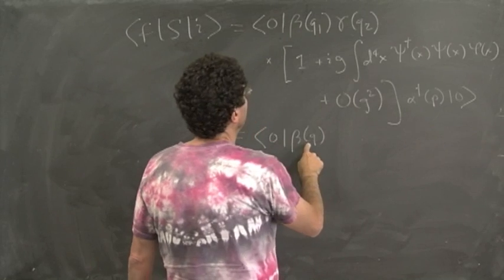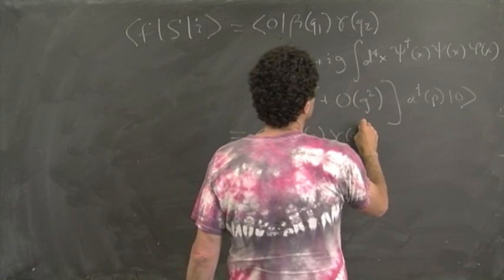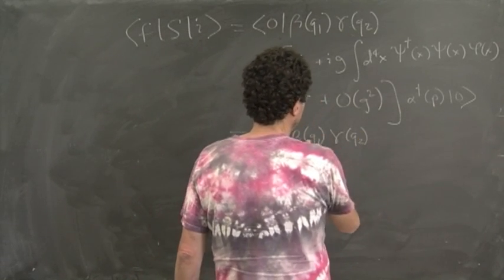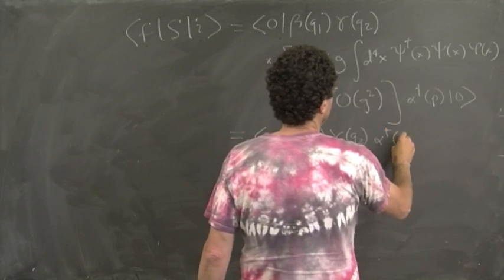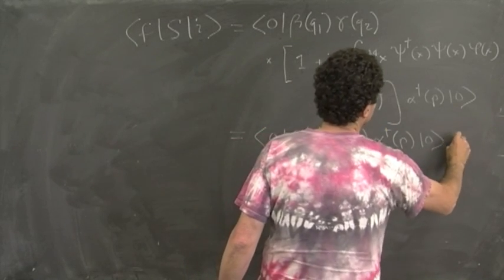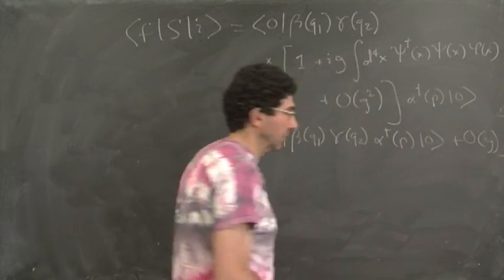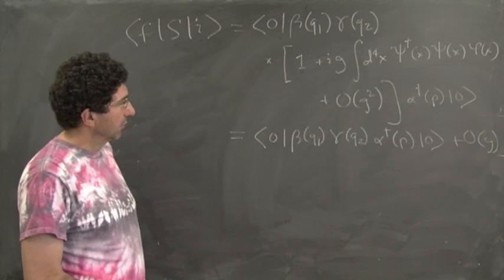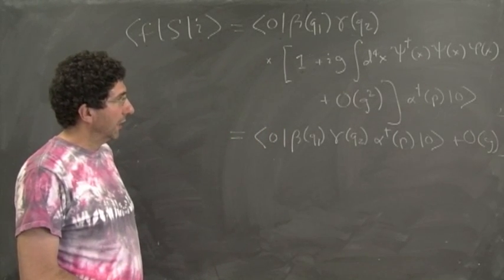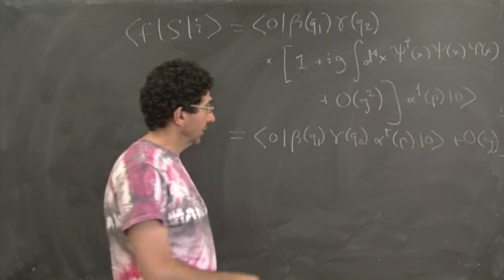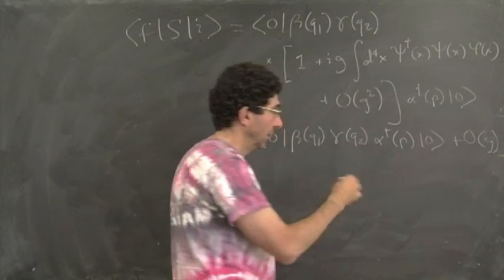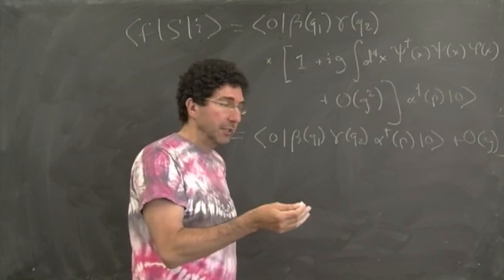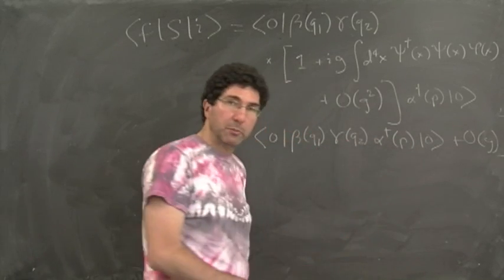So we have a beta of Q1, gamma of Q2, alpha dagger of P on the vacuum, and then we have the order G terms. Now if we look at this for a while, we can immediately see why it is 0. The reason it's 0 is because beta, gamma, and alpha all create and destroy different kinds of particles, so all these operators commute with each other.